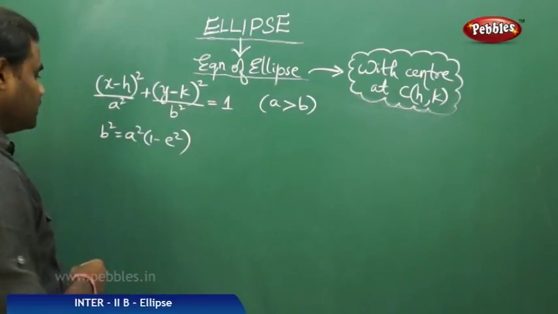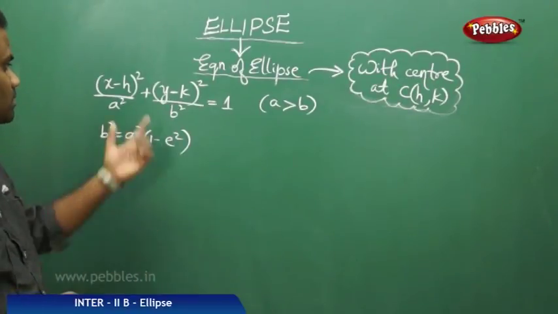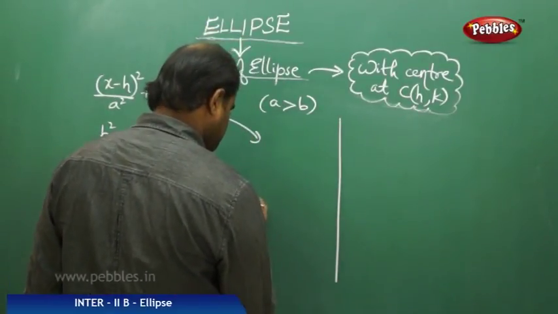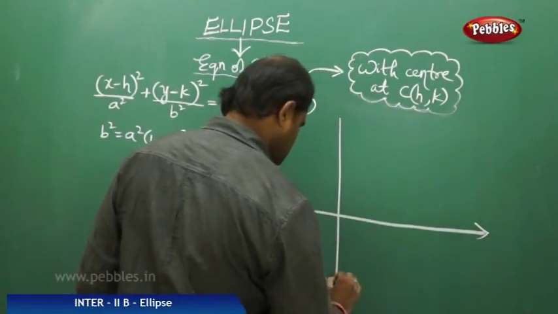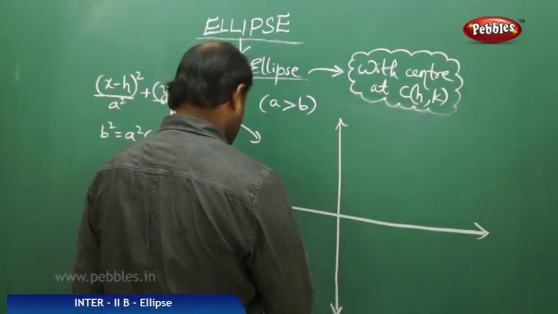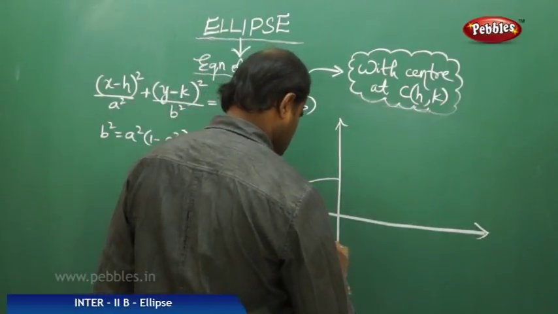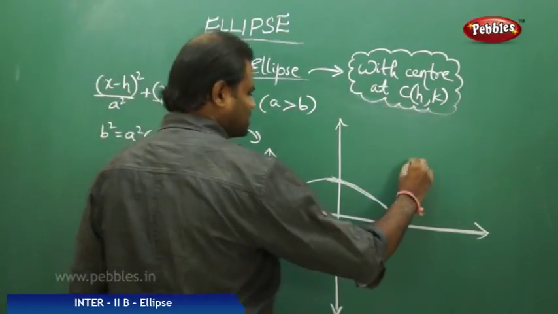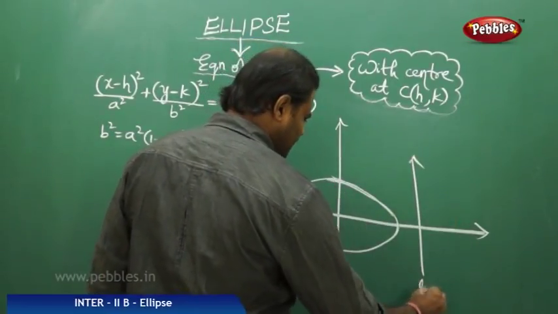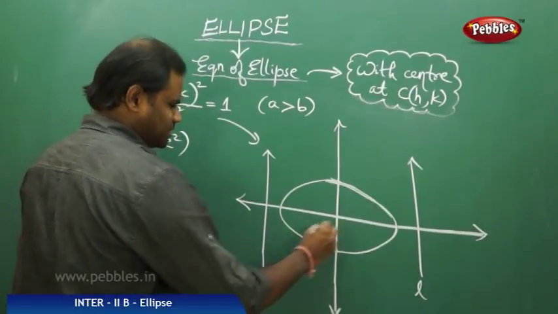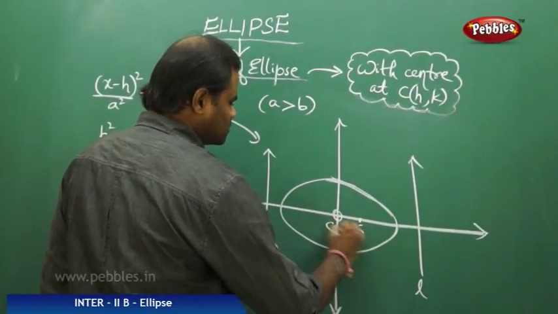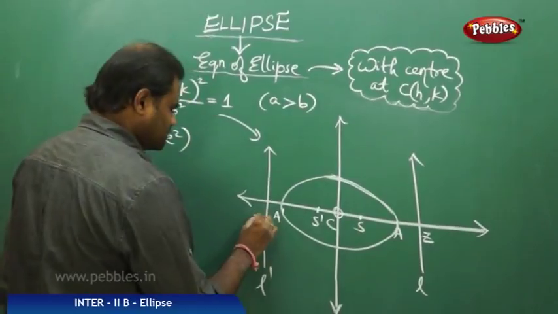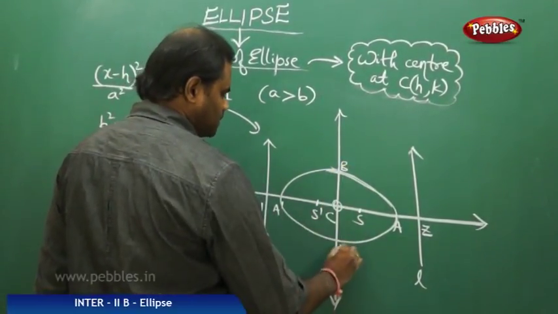And for this, the lengths of the major axis and minor axis are also fixed, where the transformed equation has the shape with directrices L and L dash, and this is the center, these are the foci, A dash, Z dash, B dash.